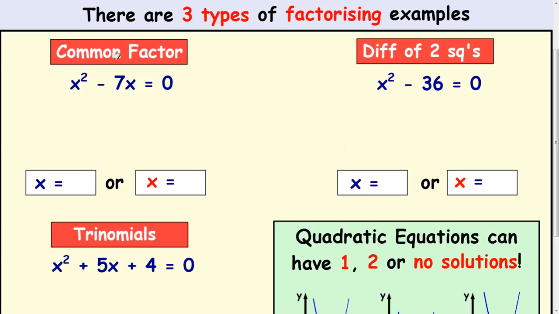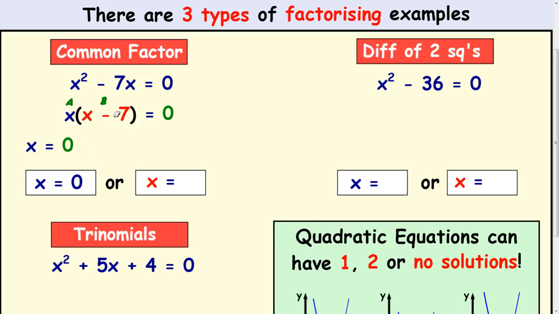So let's look at a common factor example. What you need to do is take out a common factor here of x. So x bracket x minus 7 equals 0. And the way you have to think about this is this x outside the bracket is your A, and it's been timesed by this bit in the red, which is your B. Now to make the bit outside 0, we just say that x is 0.